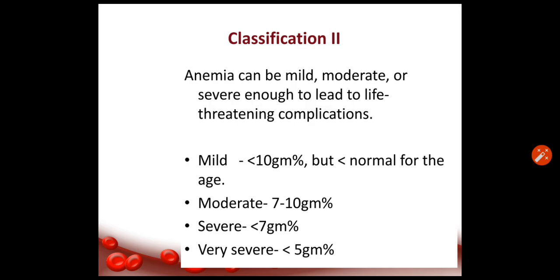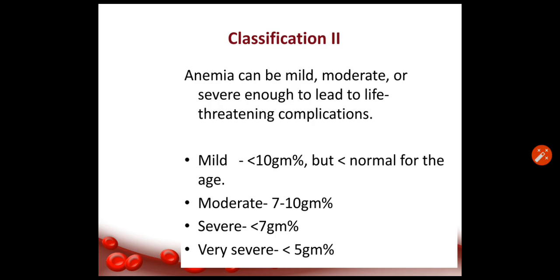The classification 2: it can be classified again depending upon the lab values, like mild, moderate or severe enough to lead to life-threatening complications. Mild anemia is less than 10 gram percentage, but less than normal for the age.